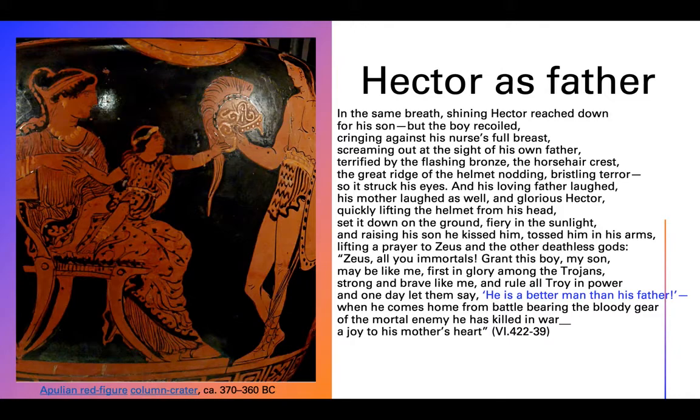And glorious Hector, quickly lifting the helmet from his head, set it down on the ground, fiery in the sunlight, and raising his son, he kissed him, tossed him in his arms, lifting a prayer to Zeus and the other deathless gods. Zeus, all you immortals, grant this boy, my son, may be like me, first in glory among the Trojans, strong and brave like me, and rule all Troy in power, and one day let them say, he is a better man than his father. When he comes home from battle bearing the bloody gear of the mortal enemy he has killed in war, a joy to his mother's heart.